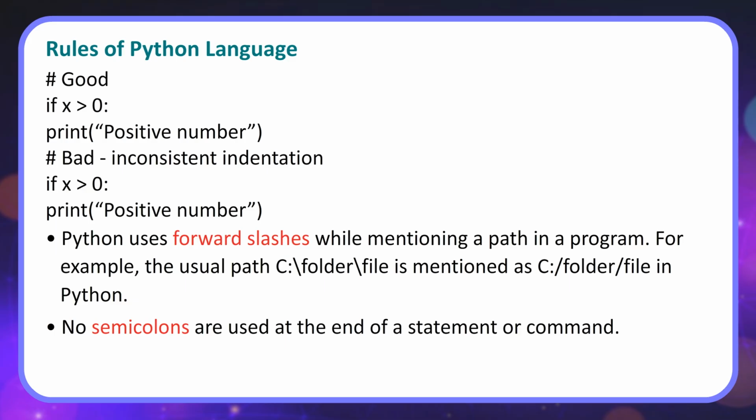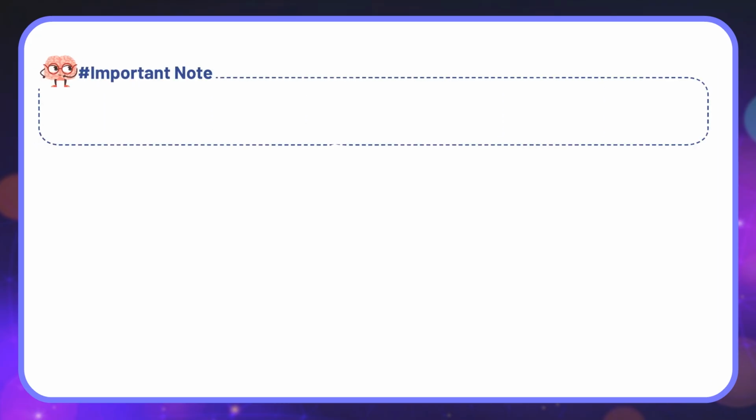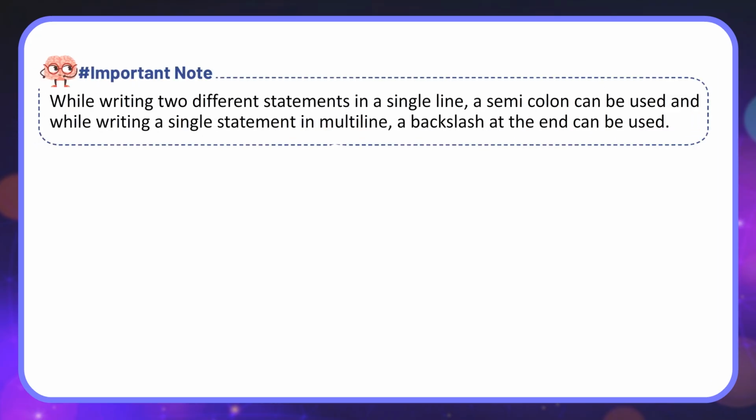No semicolons are used at the end of a statement or command. Blank lines are ignored. Important note: while writing two different statements in a single line, a semicolon can be used, and while writing a single statement in multiple lines, a backslash at the end can be used.